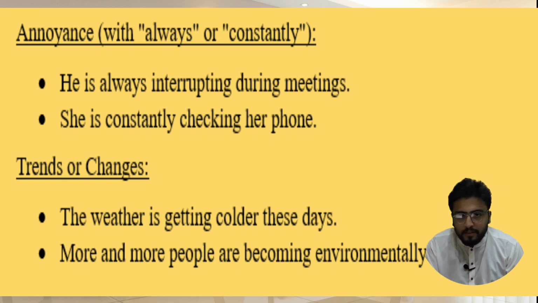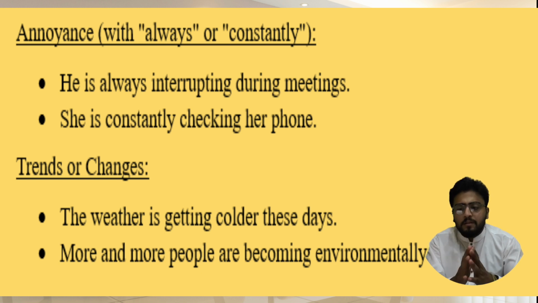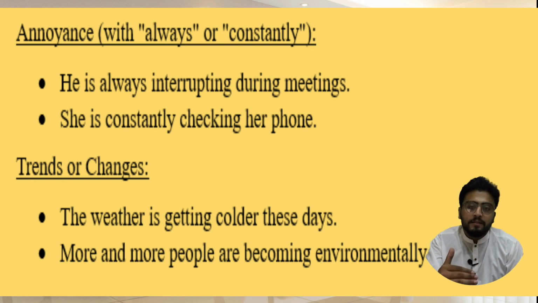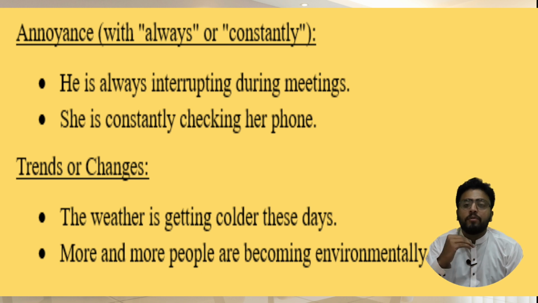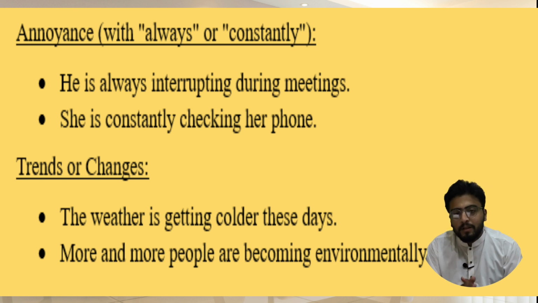Look at the examples and you may get some idea that the weather is getting colder these days. This sentence shows that the weather is under progression. The cold weather is progressing.